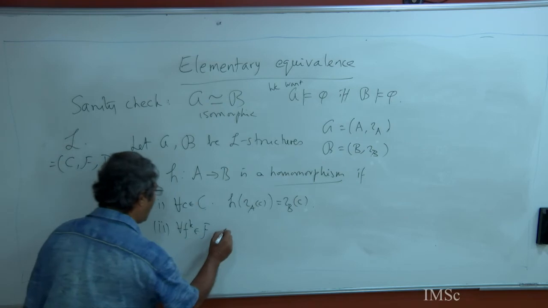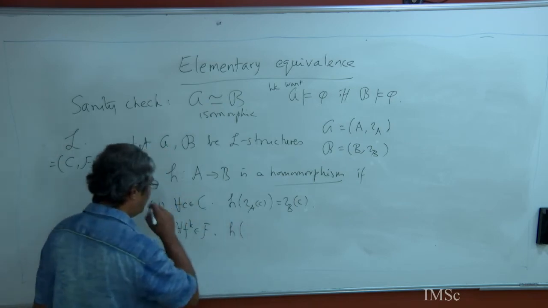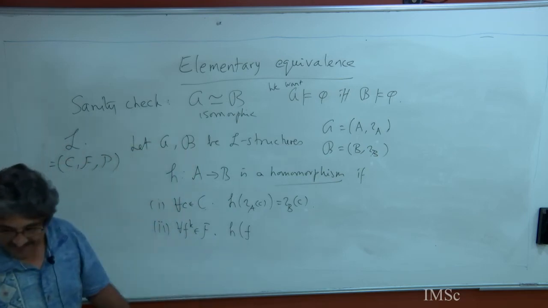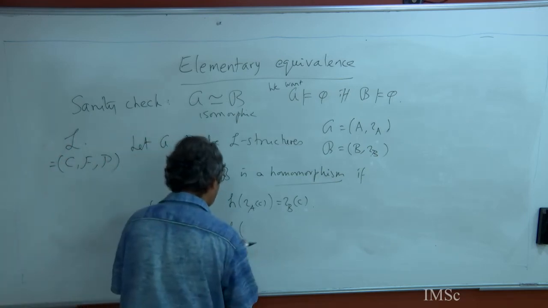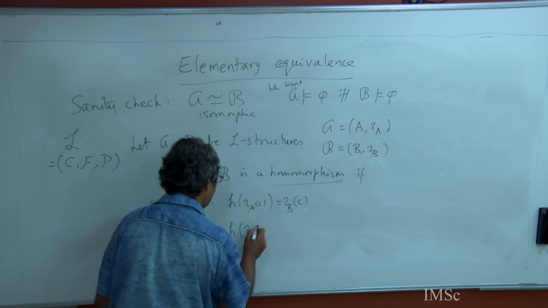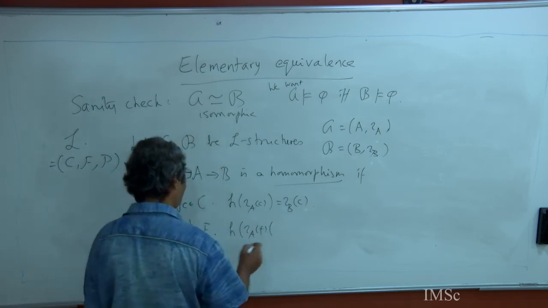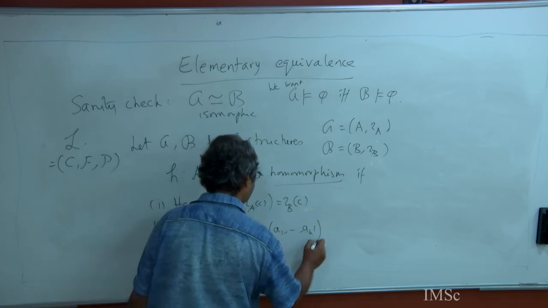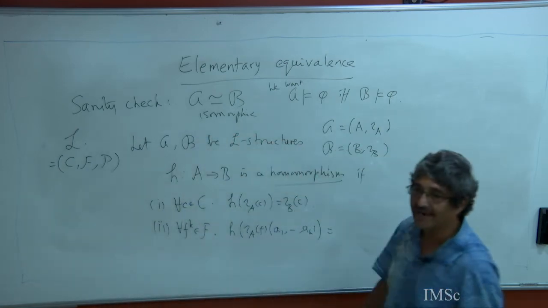Similarly, now, for every K-ary function symbol in F. What do you want? H of the interpretation of F applied to A1 through AK equals, right.